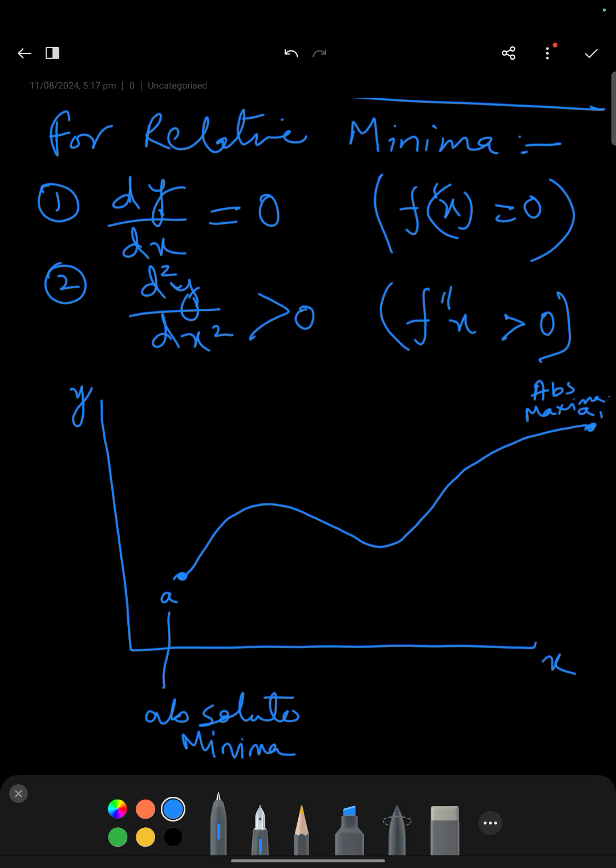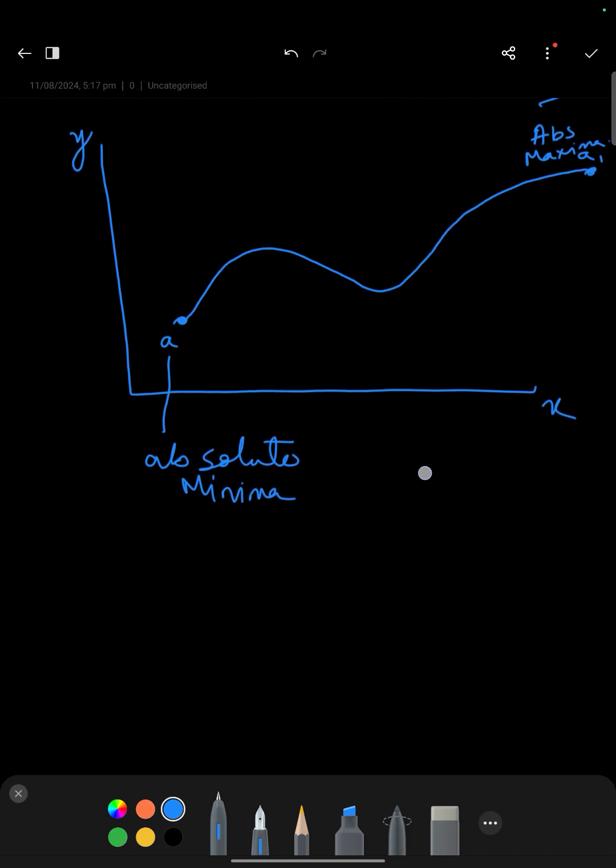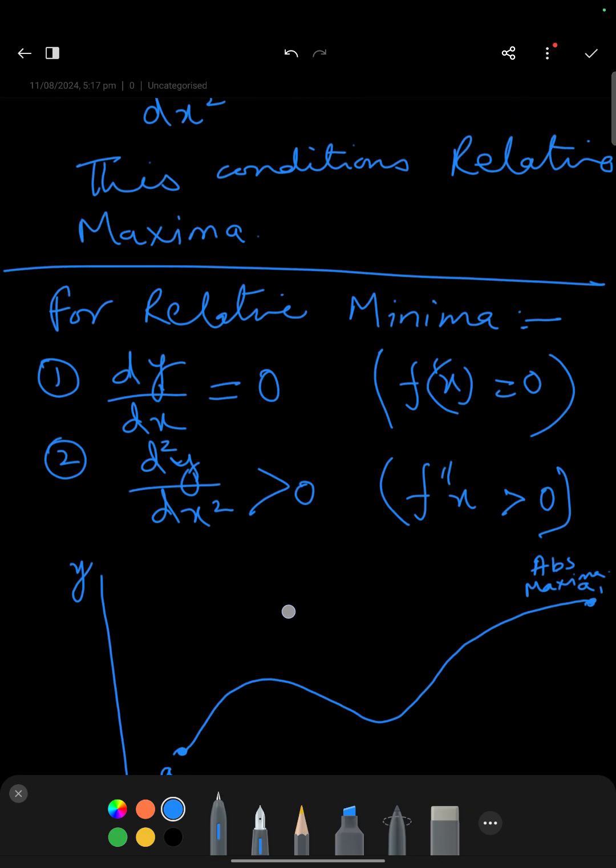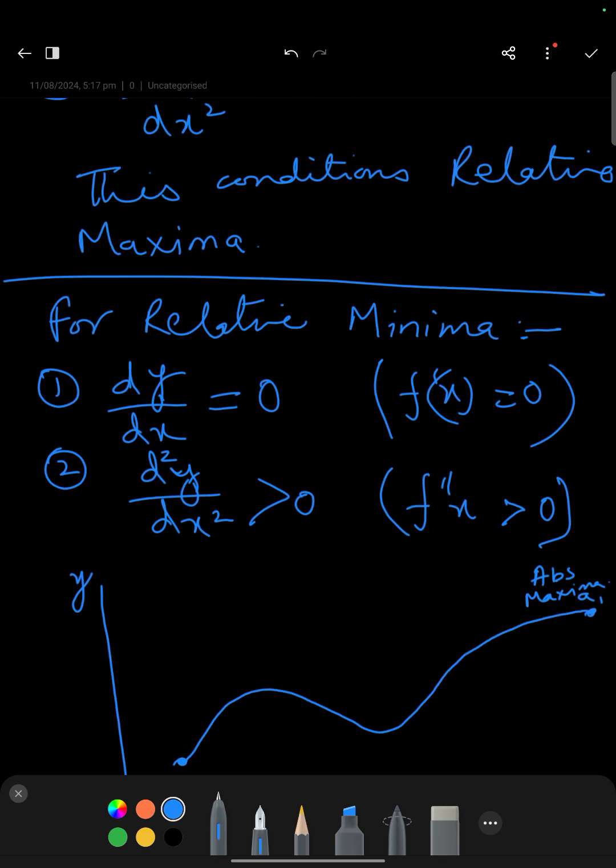But we need to find relative maxima and relative minima. These are the two situations when dy dx is equal to 0 and the second derivative is positive or negative.